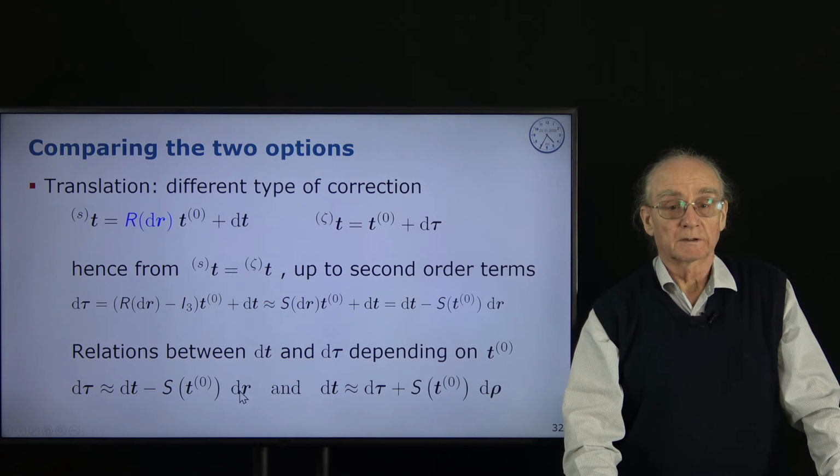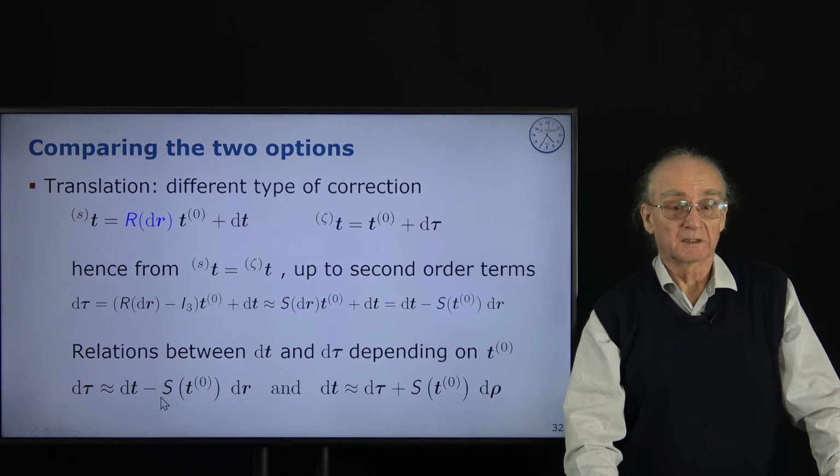And because dr and d rho are the same, we get a similar expression in the other way around. So obviously, the change in the translation not only depends on the change dt or d tau, but also on the rotation, on the translation part and the small differential rotation.